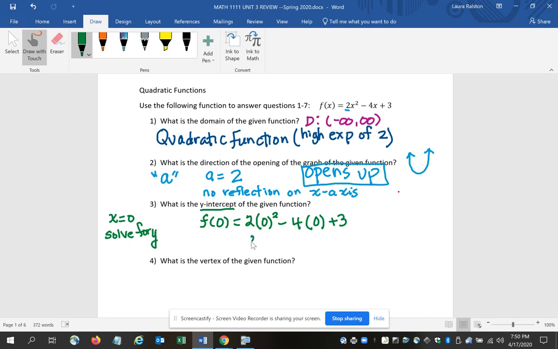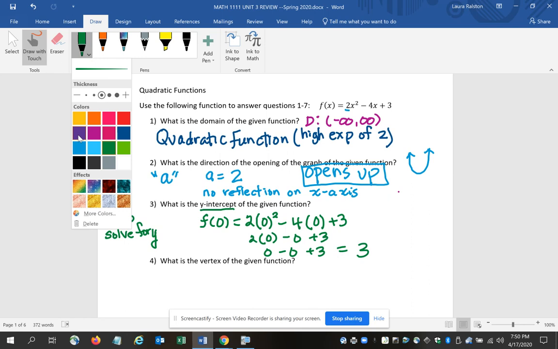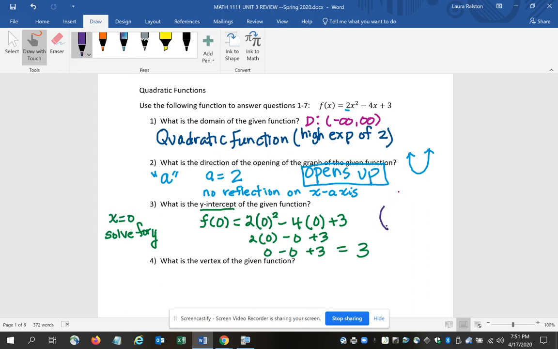You can work it out. 0 squared is 0, 2 times 0 is 0, minus 4 times 0 is 0, plus 3. So you end up with a value of 3. You are typically asked to write your y-intercept as an ordered pair. So my y-intercept written as an ordered pair would be an x value of 0 and a y value of 3. So my y-intercept is (0, 3).